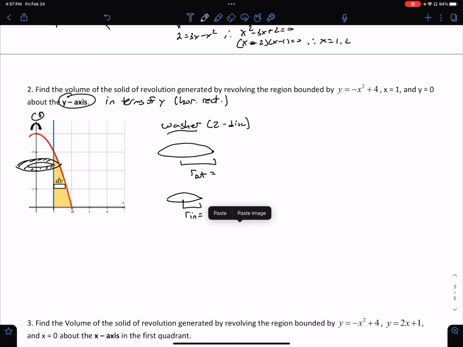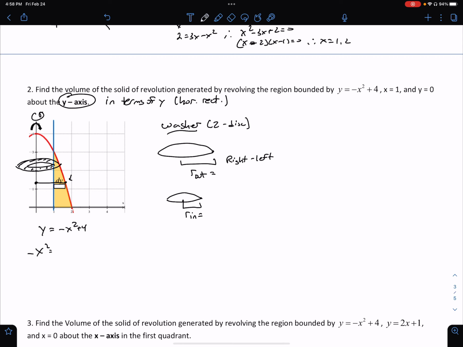So to get the radius of the outside, I just go starting at my axis of revolution. I measure out to the function, and if you notice, it's going to put me on this curve right here, this parabola. We are going to go right minus left, so be careful. Now you also have to be careful, we have to be in terms of y. So right now it's y equals negative x squared plus 4.